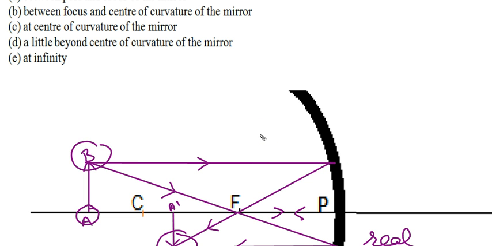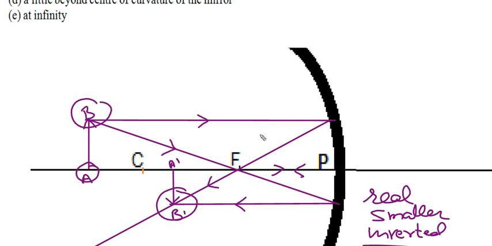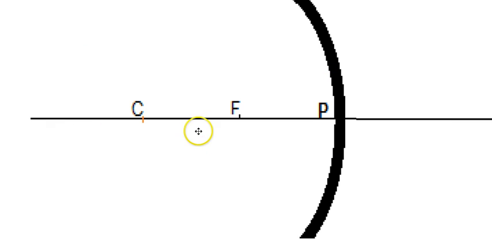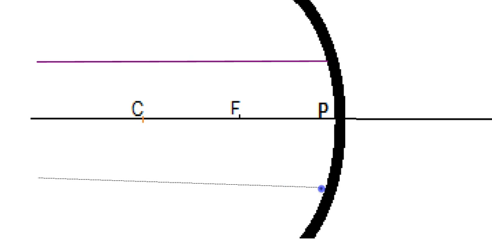And lastly, when the object is at infinity. Infinity means that rays of light are coming from a very far off place. So when they are coming from a very far off place, we presume that they are parallel only. Rays of light are considered to be parallel. So this is one ray of light like this, maybe another ray of light like this.